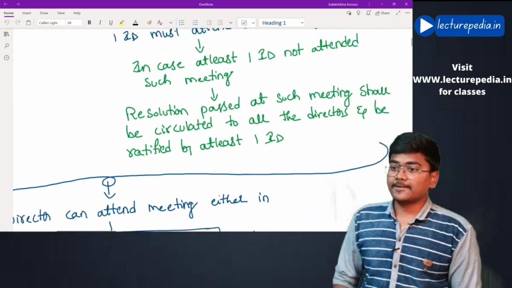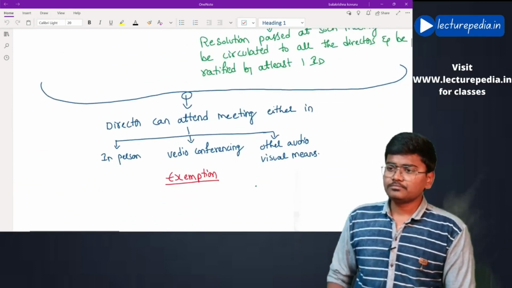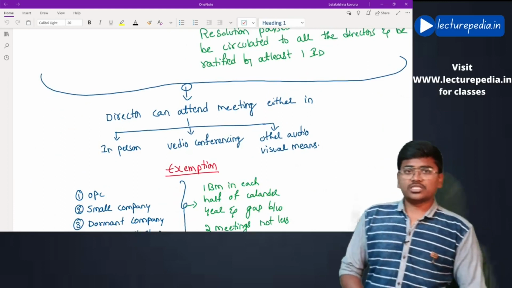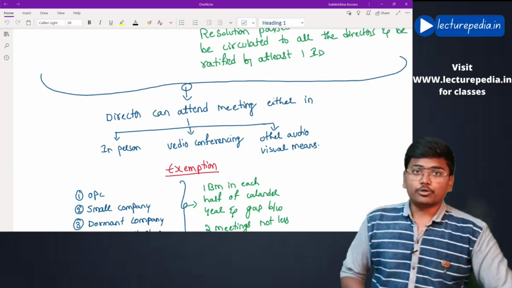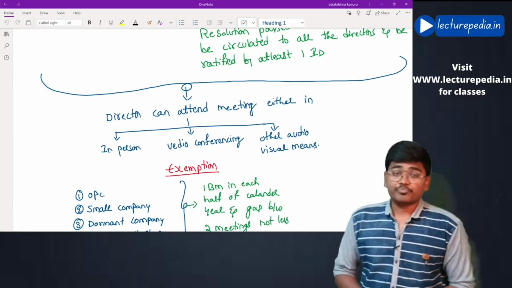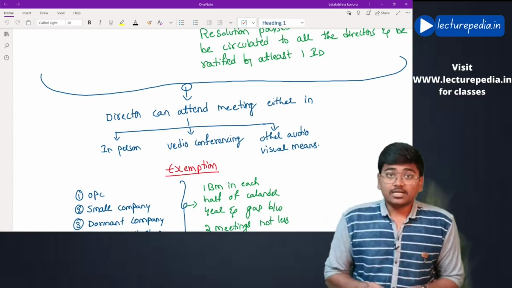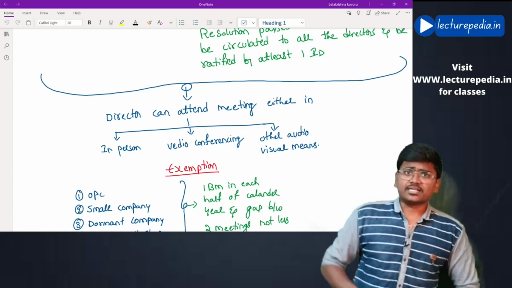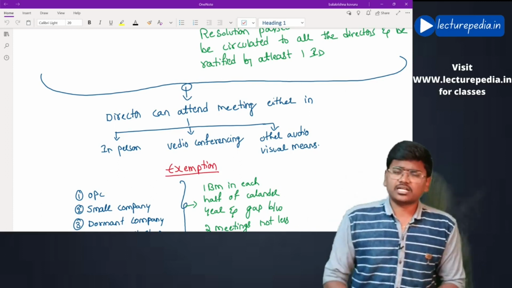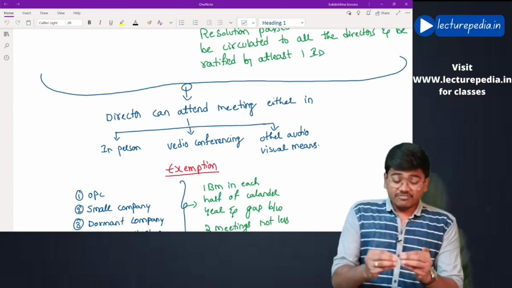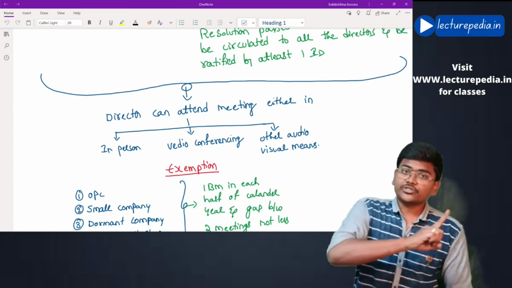Hope this is clear. Now you have issued the notice of a board meeting to the director. Now the director has to attend the board meeting. Another issue, the notice of board meeting must be given to all the directors. Okay, whether he is alternate director, whether he is additional director, whether it is women director, whatever the case might be, if at all he is a director, you must issue the notice.